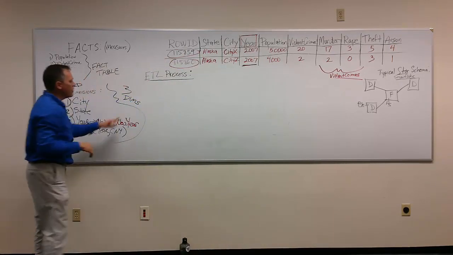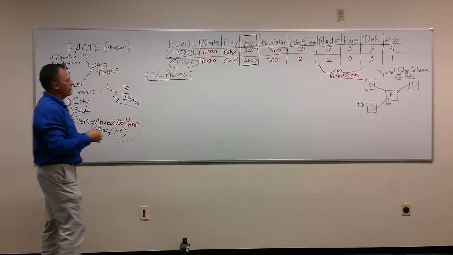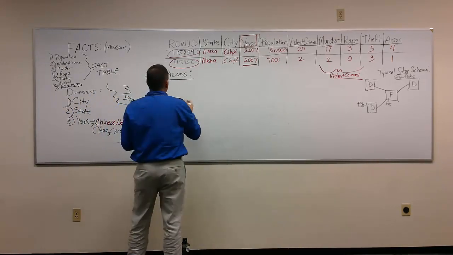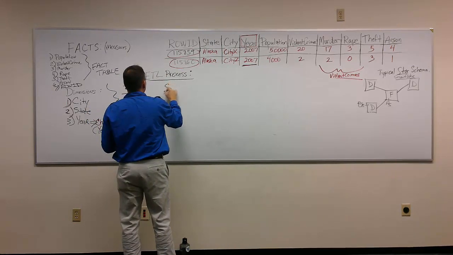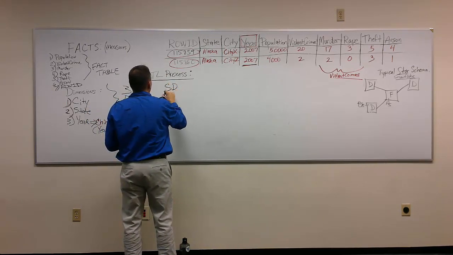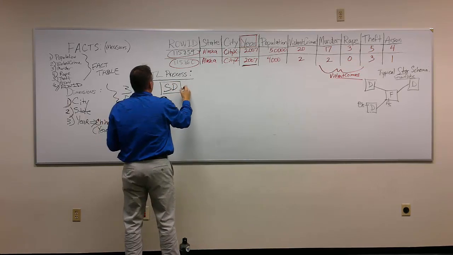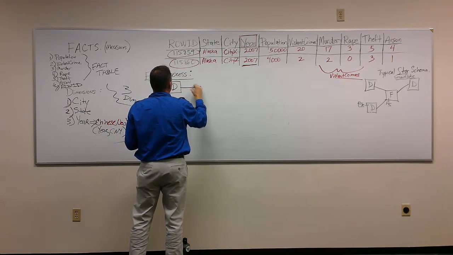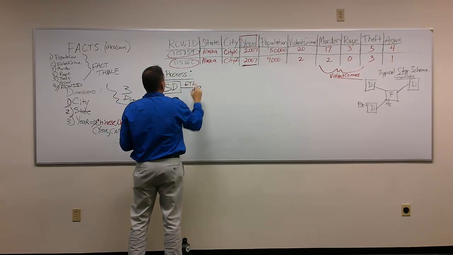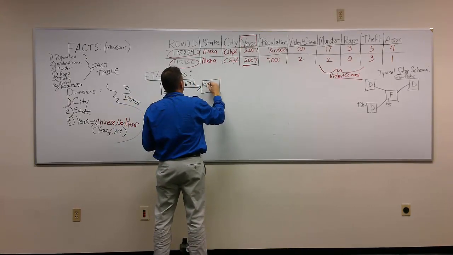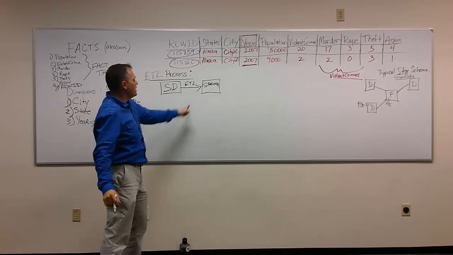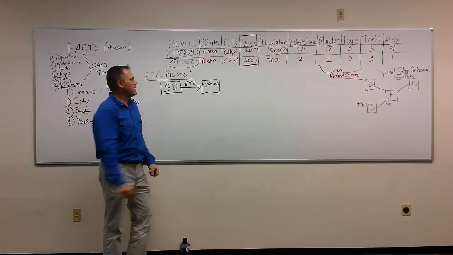All right, the very first thing that we need to do is build, so we've got the source data here. The source data is going to be extracted into a staging table within a database.